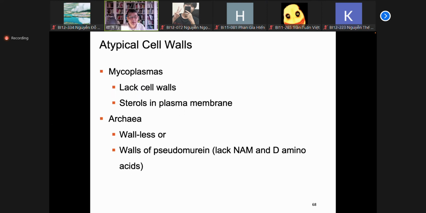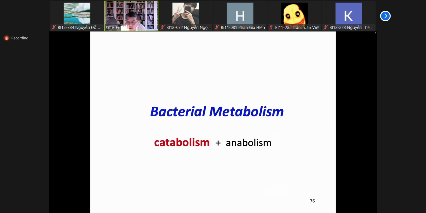Metabolism generally divided into two: catabolism means degrading the nutrient so that the cell is able to use it for energy. And anabolism is the bacteria can use building blocks to make proteins or make cell walls or to make another bacteria, that is build up itself.